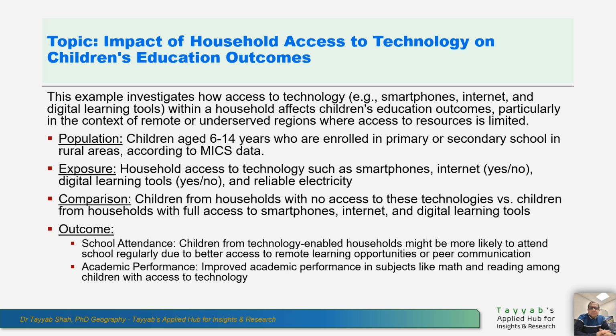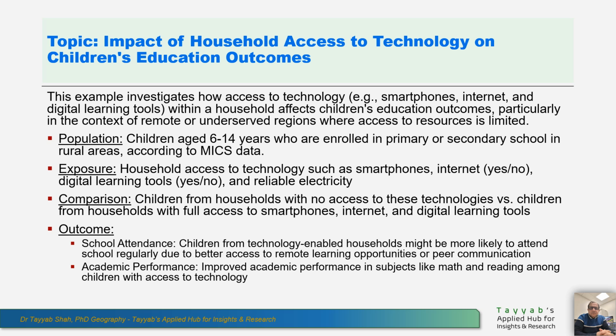And the outcome we can associate can be in different ways. First, you can look at school attendance. Children from technology-enabled households might be more likely to attend school regularly due to better access to remote learning opportunities or peer communication. This is an assumption and expected outcome you can set.